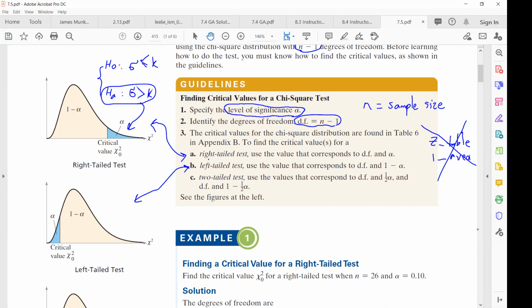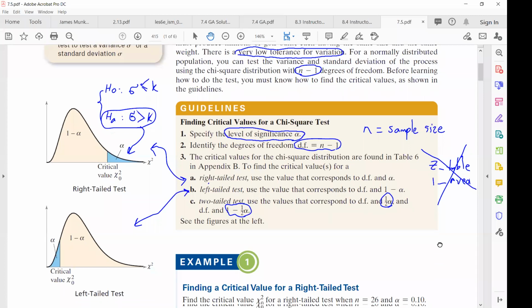And finally, if you have a two-tailed test, to find the critical value, you have to divide alpha by 2 and 1 minus alpha by 2. So you're finding 2 separate values, and then you use your table.